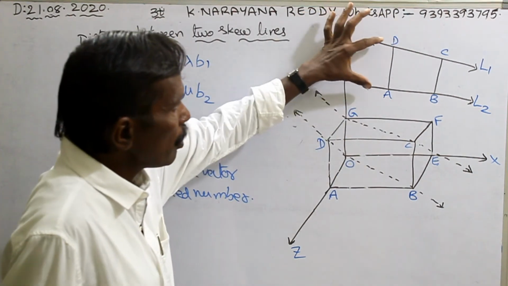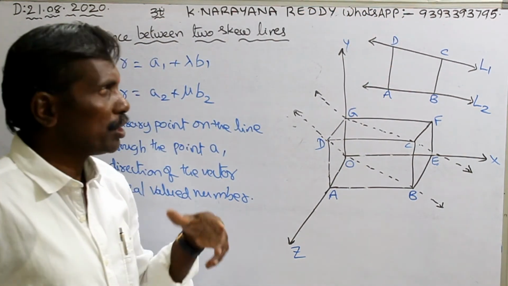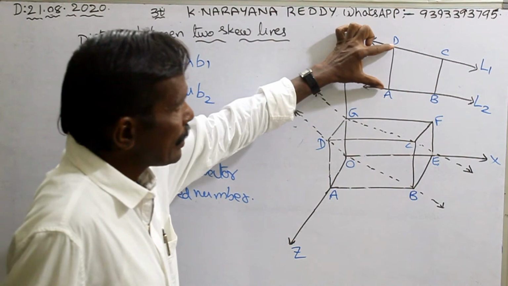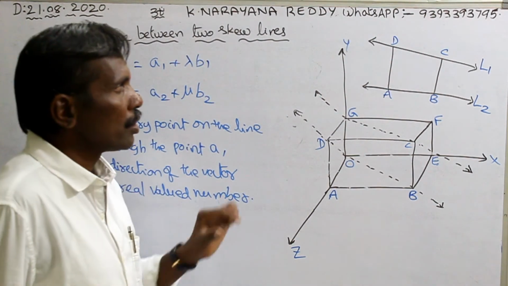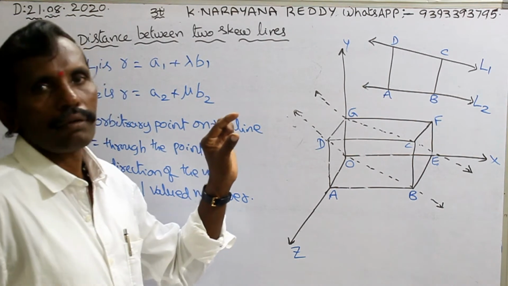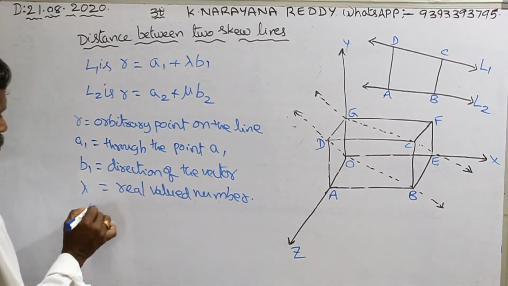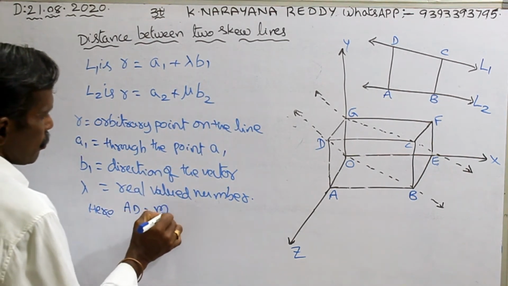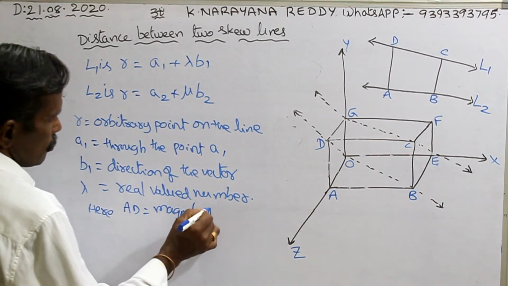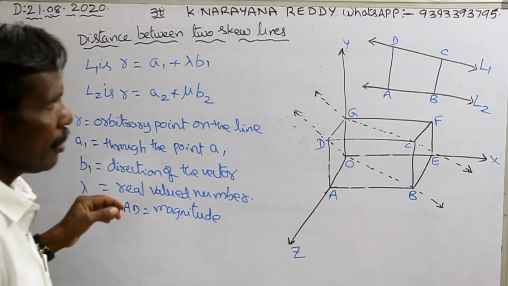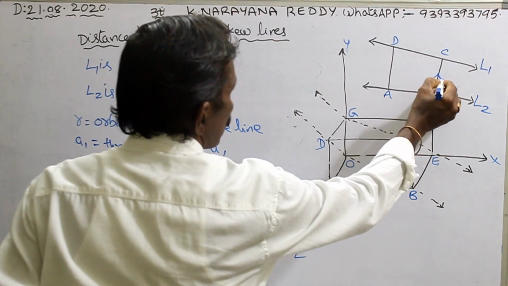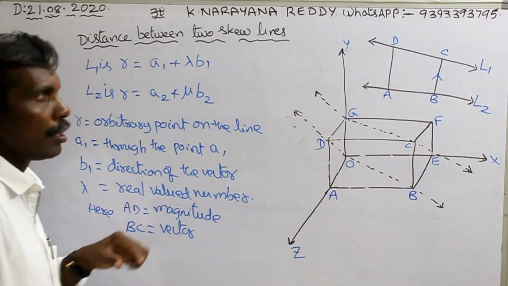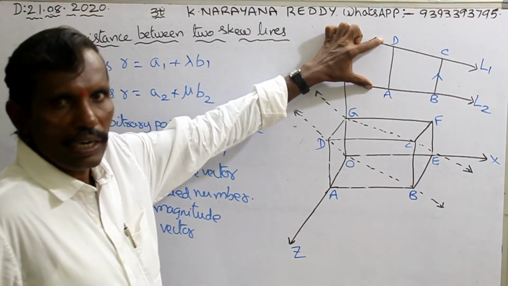So here the direction is this one. The projection of AD is nothing but BC. What is projection? It is nothing but the image. Yes or not? So the distance between these two lines is decreasing, those are not parallel and not intersecting. Here AD is equal to a magnitude, okay, and BC is a vector. So AD is a magnitude, the shortest distance between L1 and L2.